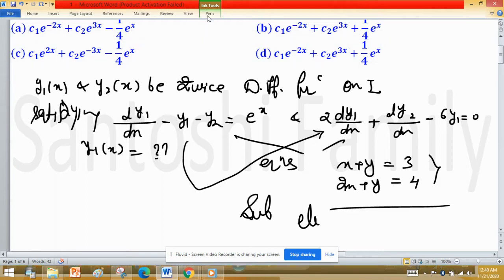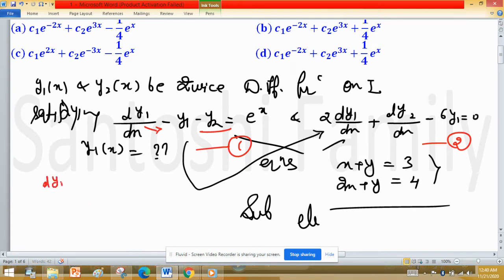As you can see, in equation 1 we have the differential coefficient of y1 and the function y2. If I call this equation 1 and this equation 2, in equation 2 we have the differential coefficient of y2 and y1. It means both equations have a mixture of differential coefficients of y1 and y2 and functions also.